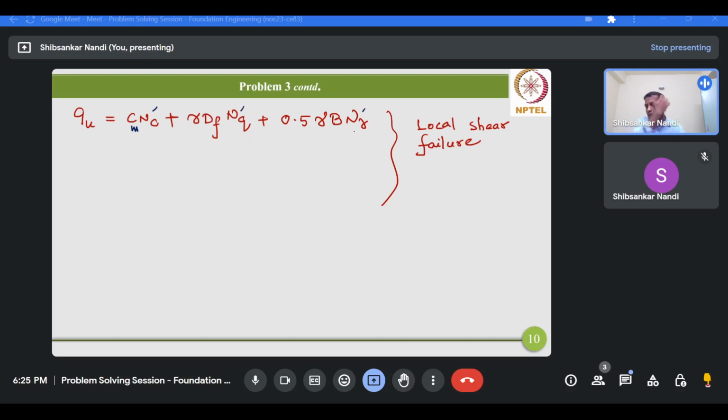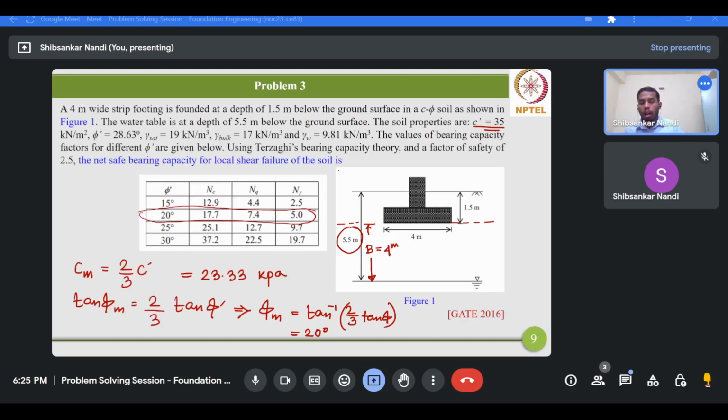These correspond to the bearing capacity factors for the mobilized friction angle value. The available value is 28.63 degrees, but the mobilized value is 20 degrees. So you need to calculate the bearing capacity factors corresponding to 20 degrees, not 28.63 degrees.